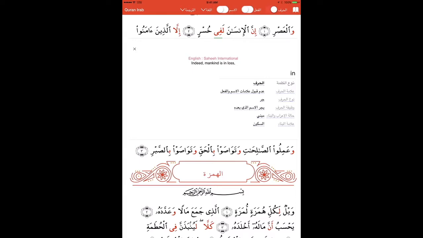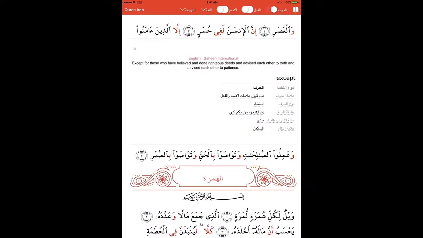The next one is illa. Illa alladhina. Illa is except. This is harful istithna. So Allah made the first statement by saying that all human beings are in loss, except there are exceptions. Certain people are not in the state of loss. Who are these people? So Allah begins this ayah by saying except.